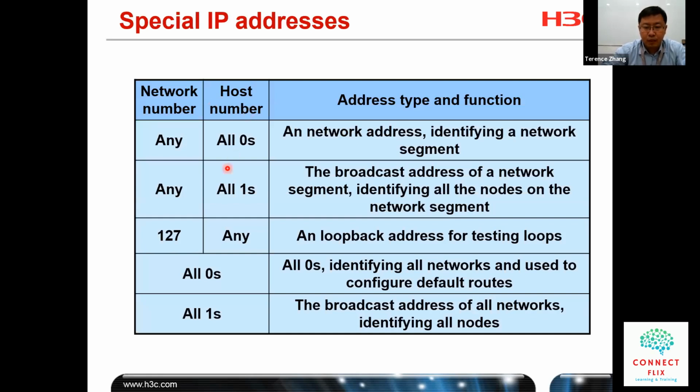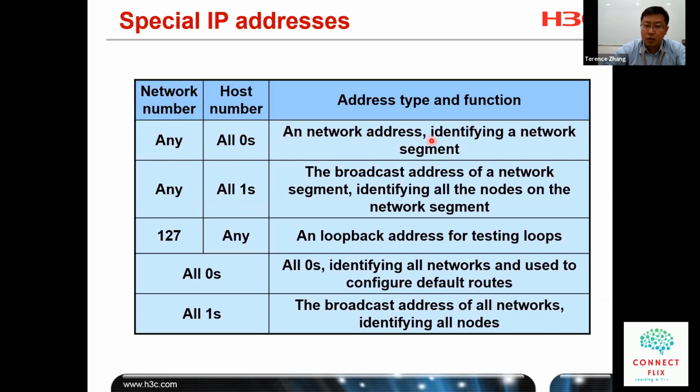Talking about the host number, for example, if it's all zero on the host number, but the network number is not 0, that is a network address. It's identified as a specific network segment, right?